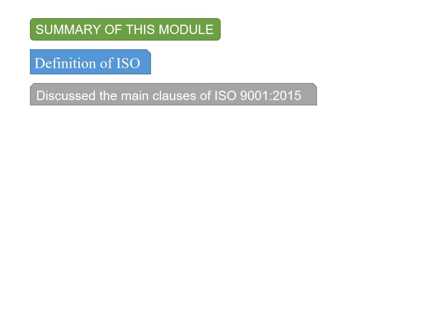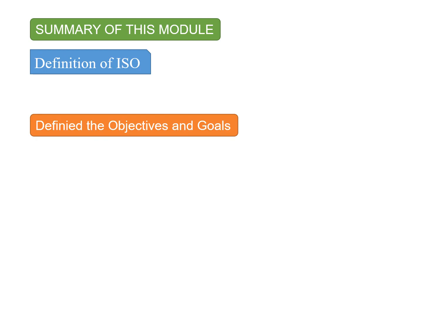To summarize this module, we talked about the definition of ISO, we talked about ISO 9001, we talked about the requirements of the quality management systems, we discussed the different clauses given in ISO 9001:2015. Generally, it starts from clause 4 and ends in clause 10, and how the different clauses respond to a PDCA cycle. And we talked about the objectives and goals. What is the difference between the objectives and the goals?